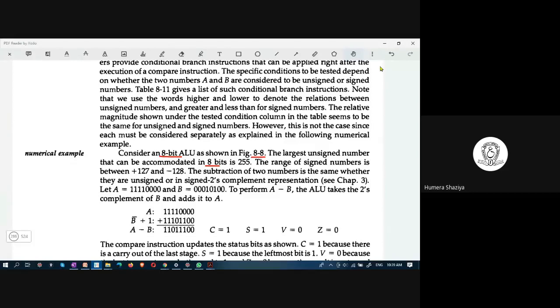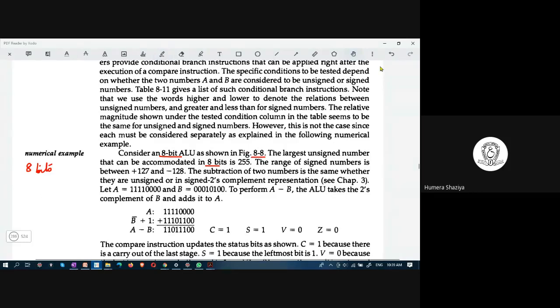Anyone of you? Yes, students. In an 8 bits register, what is the largest unsigned number that we can have?